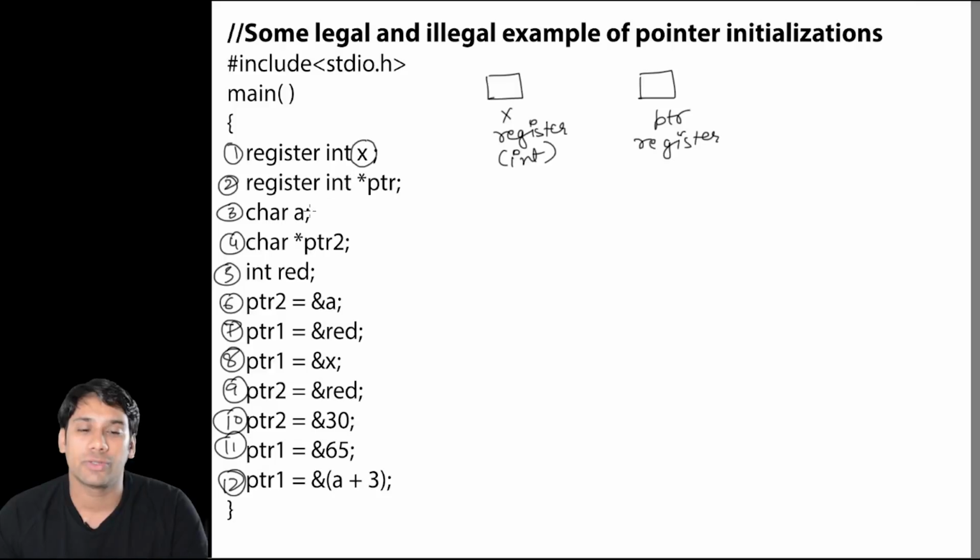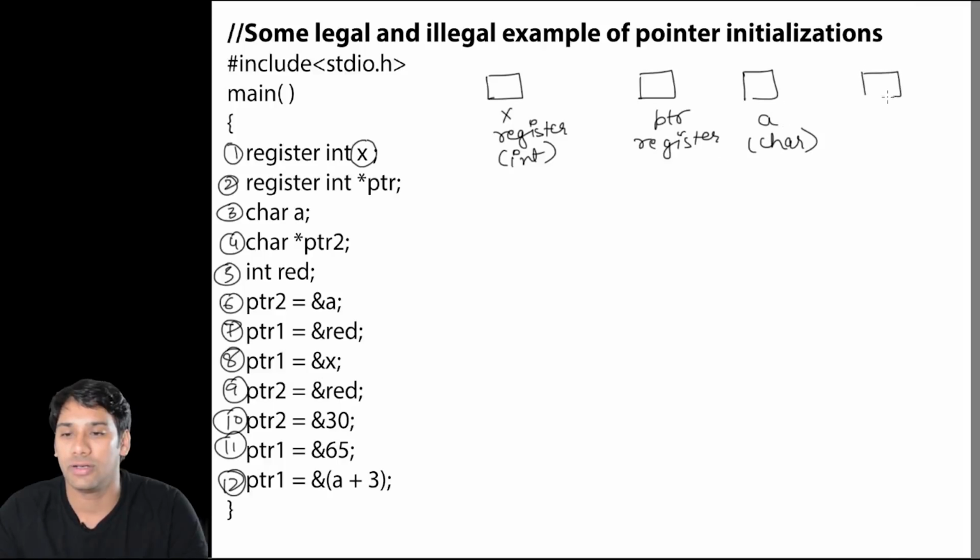Now in the third statement, we are having a character a. That means this variable a is of type character. Then in the next statement, we have an integer variable which is red. So this red is of type integer.